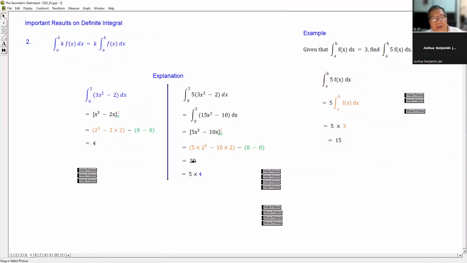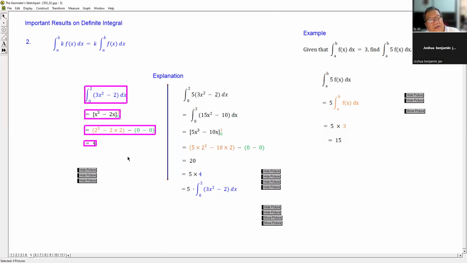So this 20 is actually the 4 multiplied with the 5. The 5, you just leave it outside. The 4 comes from the definite integral like this; the 4 is the integration of this.